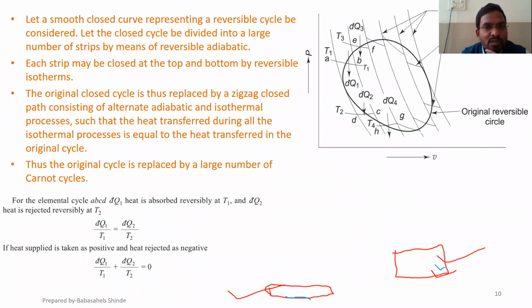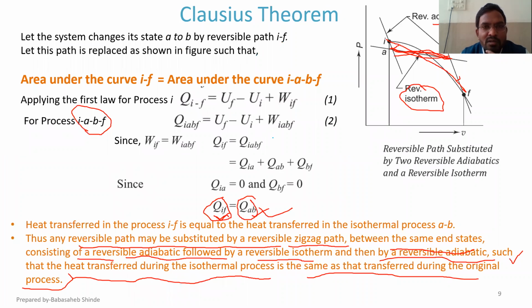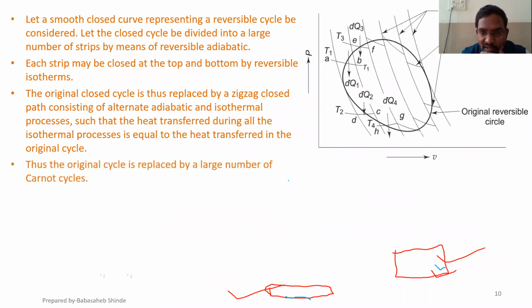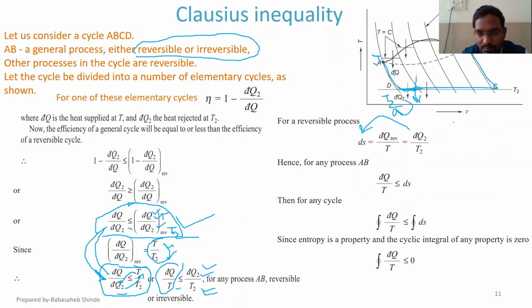Where we saw that, the entropy relation, the TS plot over here. For a reversible process, this dq by T is nothing but ds. And here we are saying that it is a reversible process. So this dq2 by T2 will be replaced now with ds.